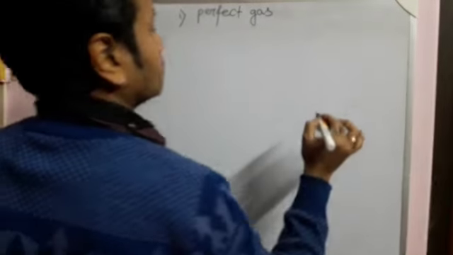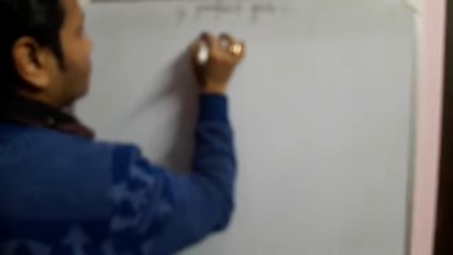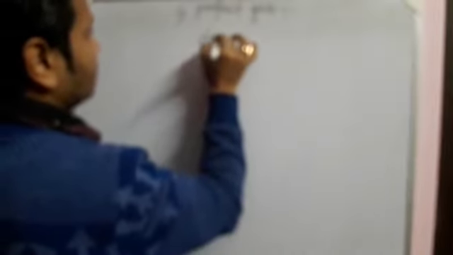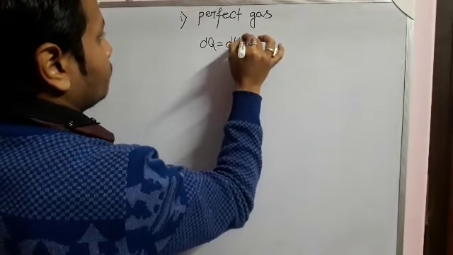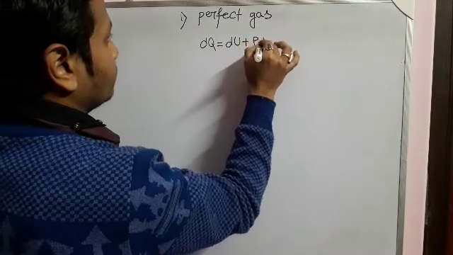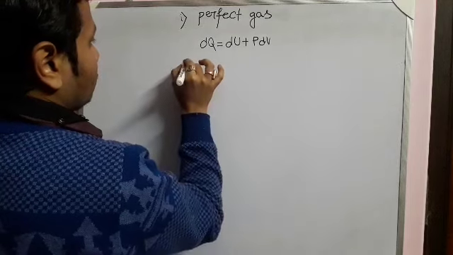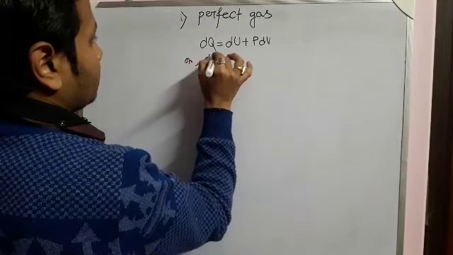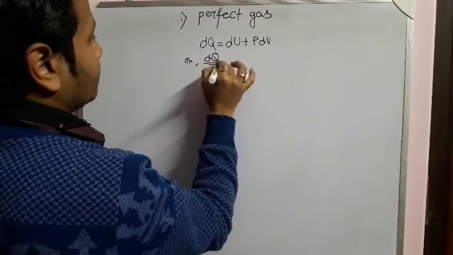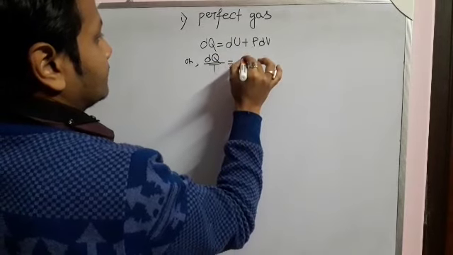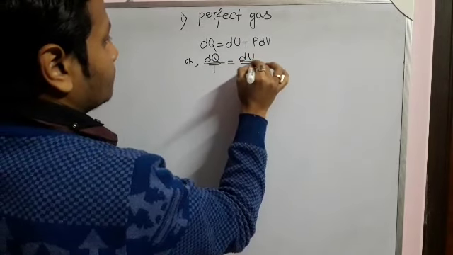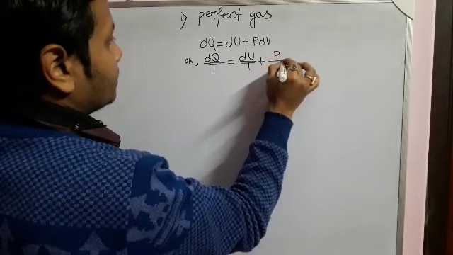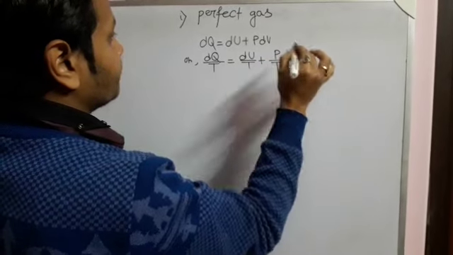Now, from the first law of thermodynamics, we can easily write the first law: dq equals du plus p dv. Now, if you divide this by T, then what we get? du by T plus p by T into dv.